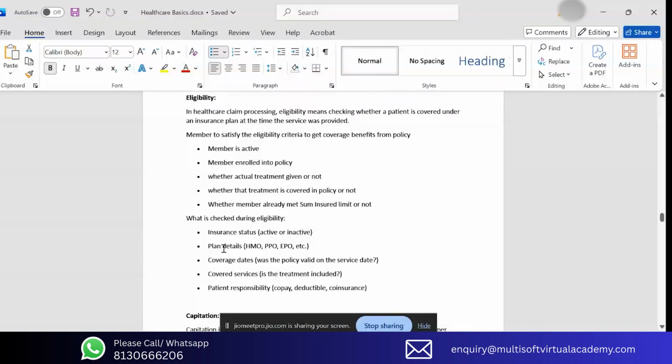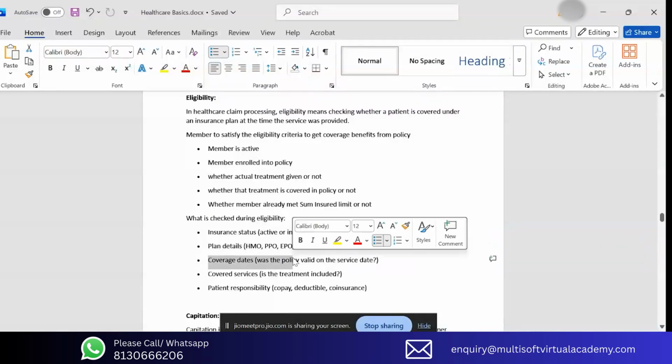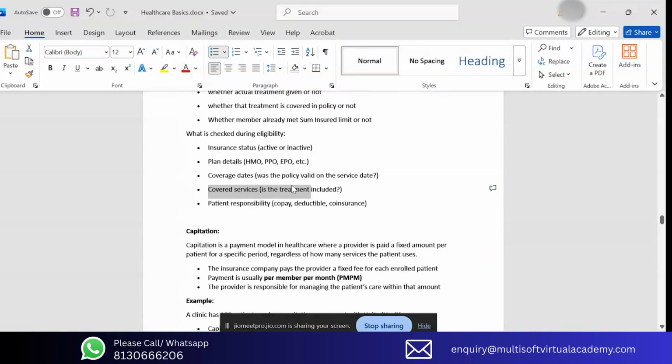So during the eligibility, what is mainly checked? Whether the insurance status is active or not; plan details like HMO, PPO, Medicare, Medicaid, to which plan the subscriber or member is enrolled; the coverage date, when the policy is covered from, whether it is a calendar year or a financial year; and what type of treatment or coverage the plan offers.